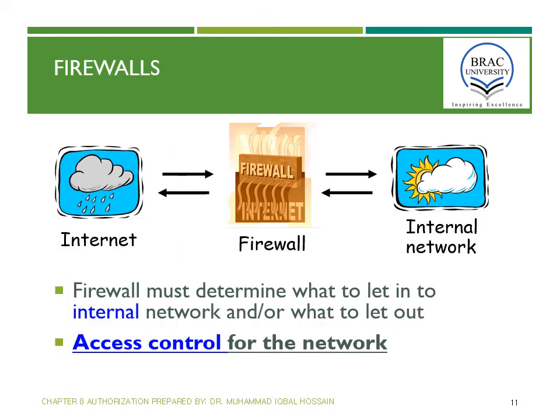So how does a firewall work? A firewall is like a middleman, or like your bodyguard or your secretary. Whatever kind of traffic is coming from the internet, it blocks those connections into the internal network. So the firewall determines what to let in to the internal network and what to let out.